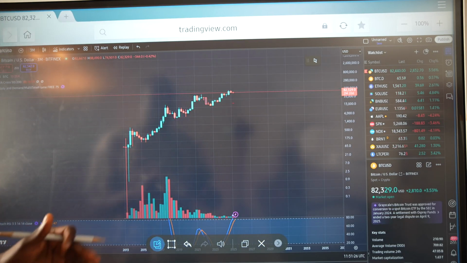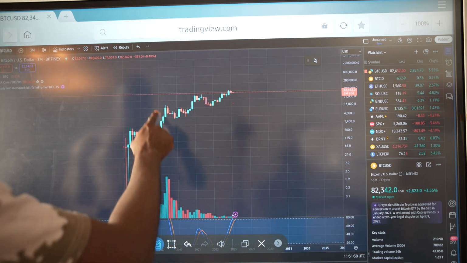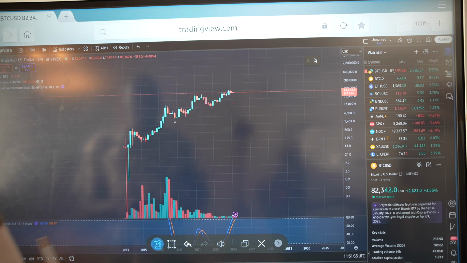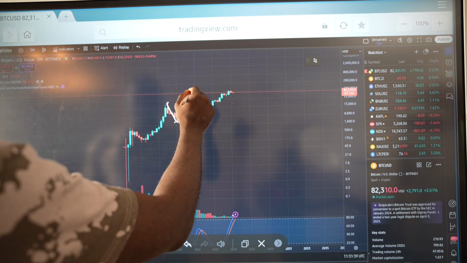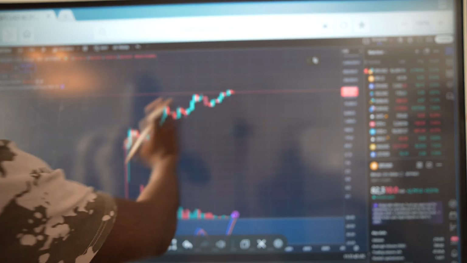And what we are seeing now may just be a correction for another leg up, like you have seen here. This, like that. You see that? You see this, and then again, we came down, and then that, and then that. Yeah, so we're seeing that going on.